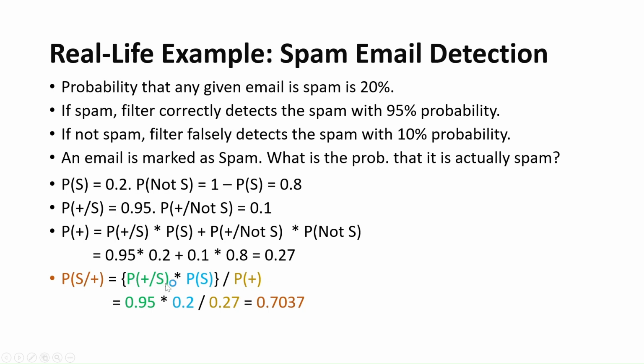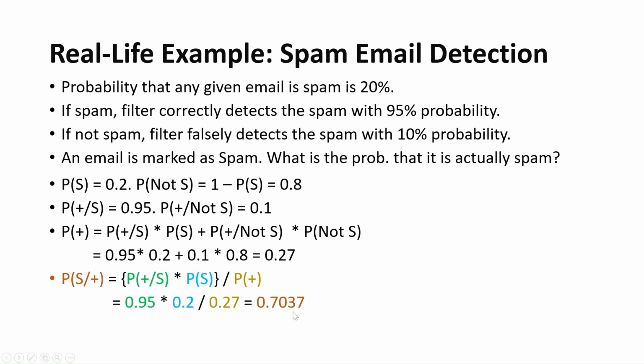The first term, the green term, is the likelihood, which comes from the true positive rate. And P(S) is the prior, which has come from here. We have calculated P(positive), the probability of the evidence, as 0.27, which we plug in here.